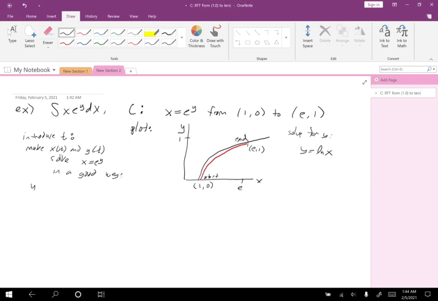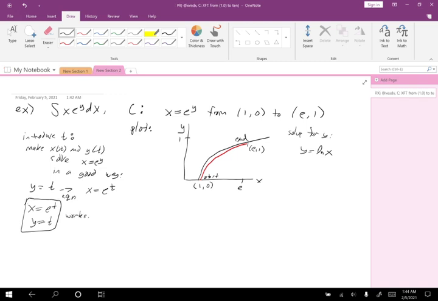So for example, y equals t, then in order for the equation to work, we need x to be equal to e to the t. So our choice of parameterization, which is always arbitrary, as long as it solves that equation, we're good. So this choice of parameterization works.